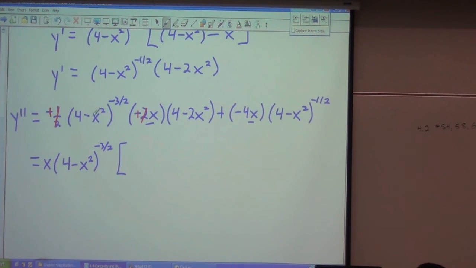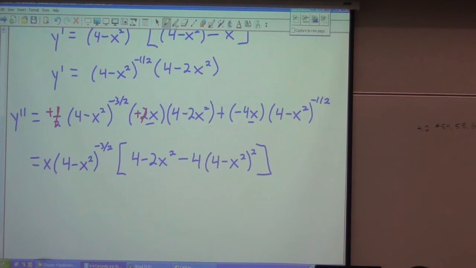So now we took this out, we took out an x, so we're just left with 4 minus 2x squared. Then over here, that's going to make it negative. We took out the x, so we still have the 4. What's left here if we take out a 4 minus x squared from -3/2? So that's 4 minus x squared, squared.